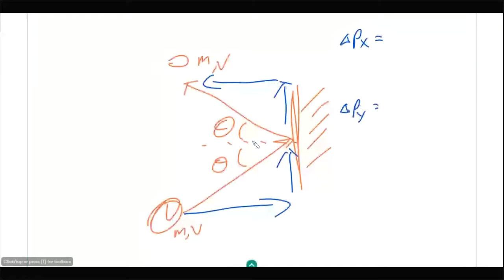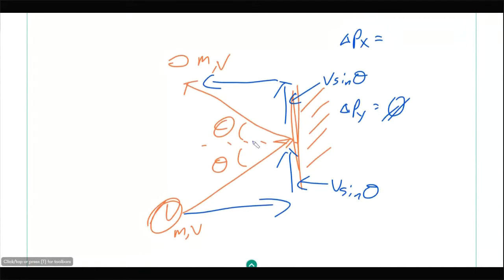We're not going to change any momentum vertically. We were going upwards at the beginning with some, what is this? This is going to be this side opposite the angle, so this would be v sine theta. And then at the other end, we would still have v sine theta for our velocity going in there.